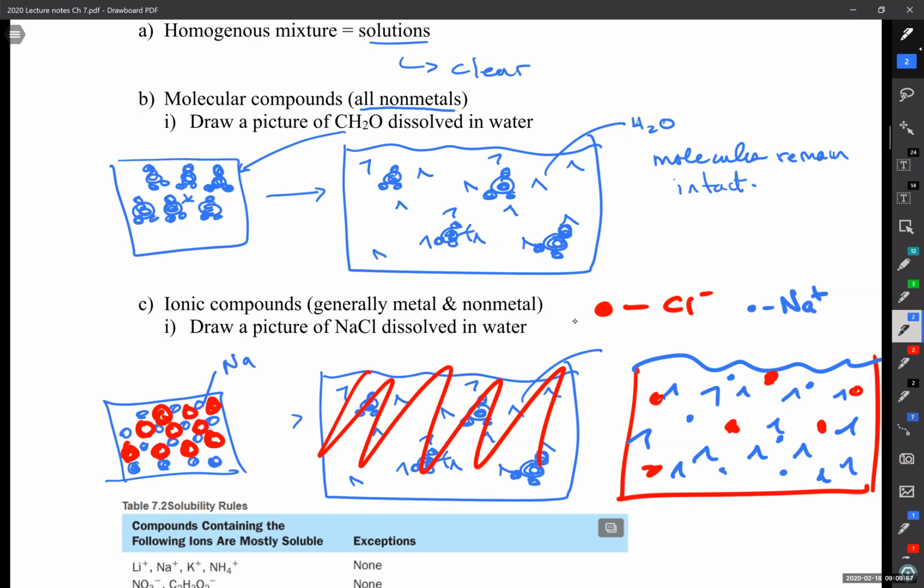When you go to the park with your senior class in high school, like Disneyland, everybody just takes off because they don't want to be seen with the other people they're with. They all take off and go in different directions. That's more like the ionic compound, right? And there's occasionally a cluster here or there because they're oppositely charged. But for the most part, when an ionic compound dissolves, it breaks up into its ions.